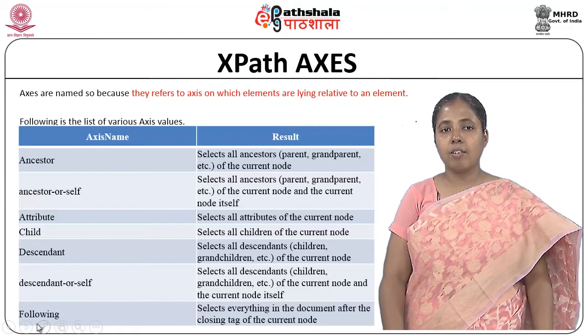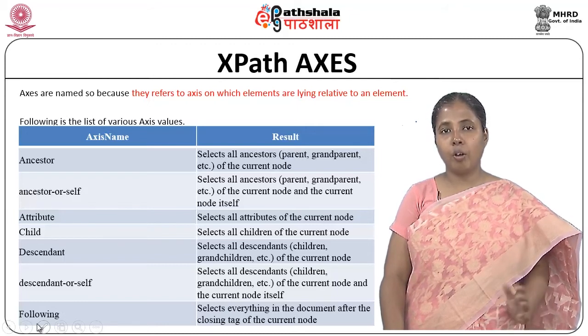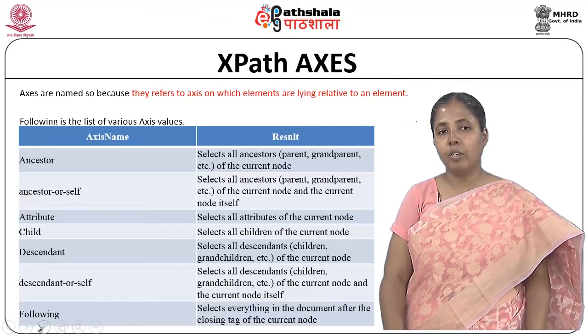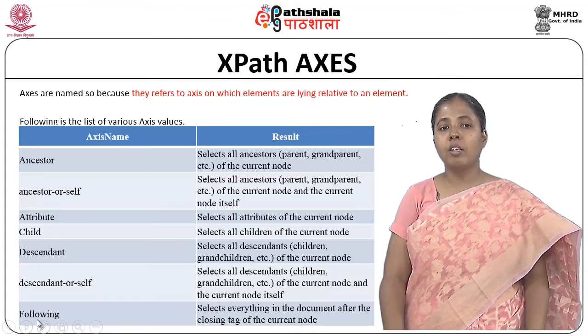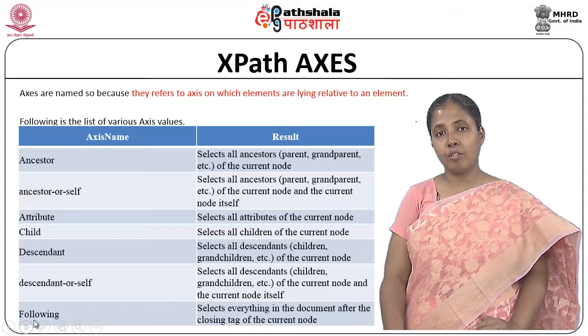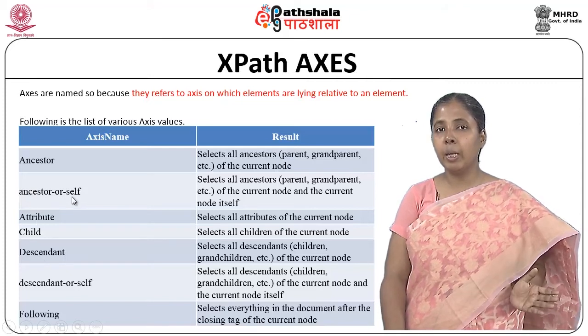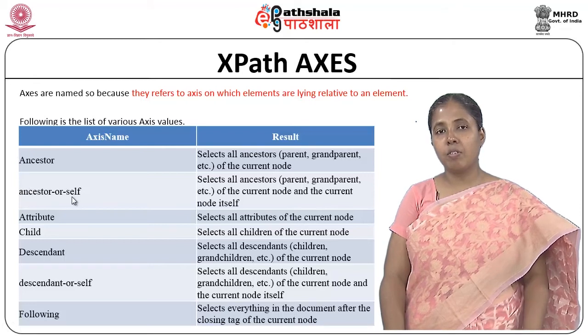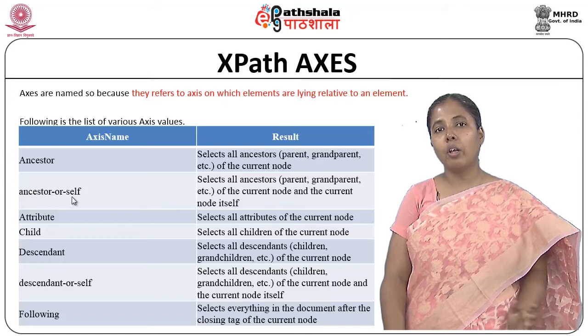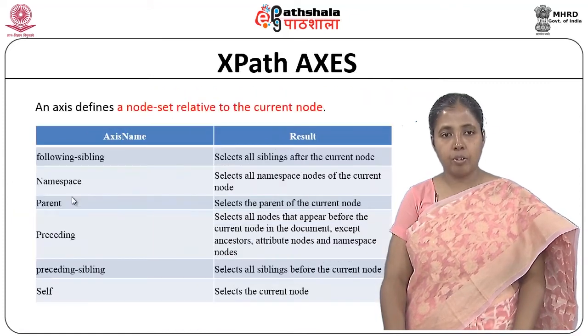So this axis can be relatively forward or relatively backward. Following is a relative axis going forward, and ancestor-or-self is an axis going backward. So we can specify a relative path expression either in the forward direction or in the backward direction.